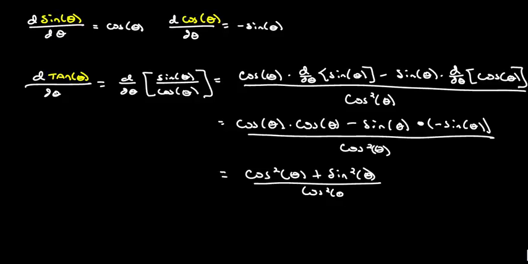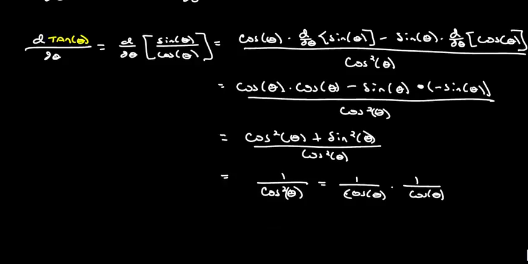over cosine squared theta. And so we know that for any value theta, sine squared of that angle plus cosine squared of that angle is equal to 1. So this is equal to 1 over cosine squared theta. And we know that this is 1 over cosine theta times 1 over cosine theta.